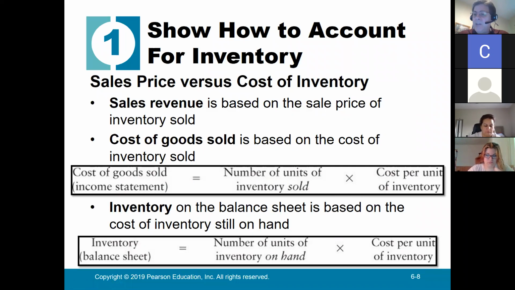What we mean by on hand is stuff that's still with us on the shelves, in the warehouse, wherever, times the cost per unit. All right, now we have to track both of those. Cost per unit, we're going to find out a little later, is probably the one that's going to give us the most headaches, but it is the important piece of it.